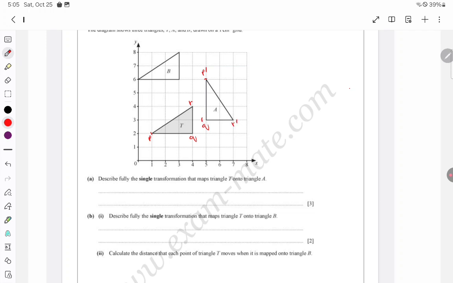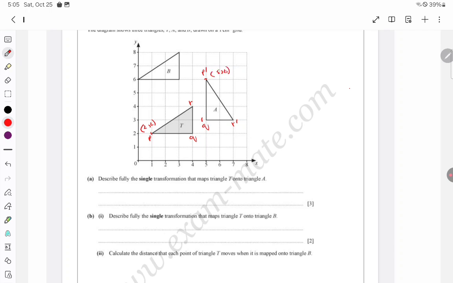So from the P to the P slash, mark a line or just simply find the points. The coordinates of this are 2 comma 2 and the coordinates of this are 5 comma 6.